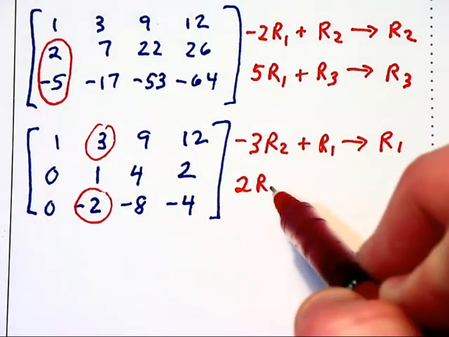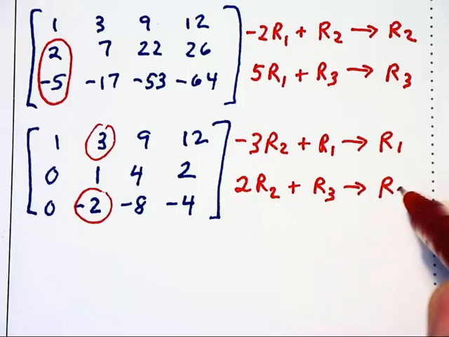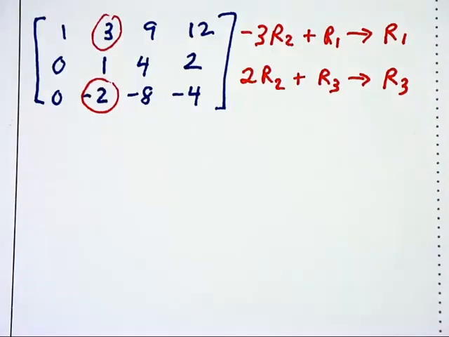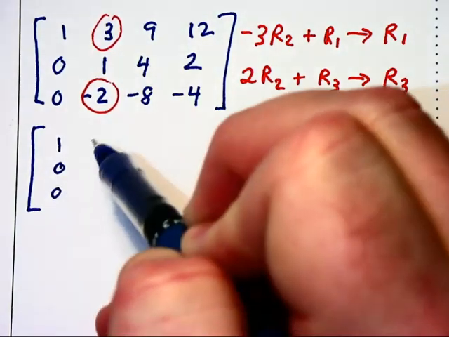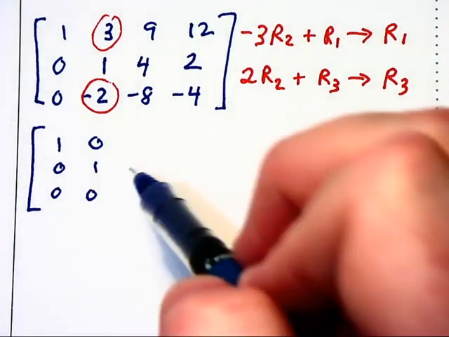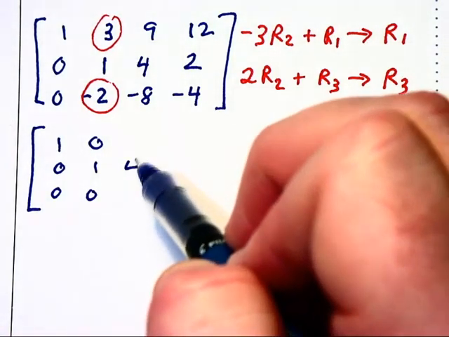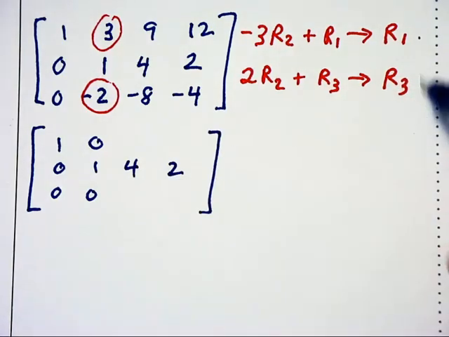So 2 row 2s plus row 3 will give us the new row 3. Okay, we know what the first two columns will look like. It will be 1, 0, 0, 0, 1, 0. We know the middle row is going to stay the 0, 1, 4, 2. So now we just need to finish off row 1 and row 3.